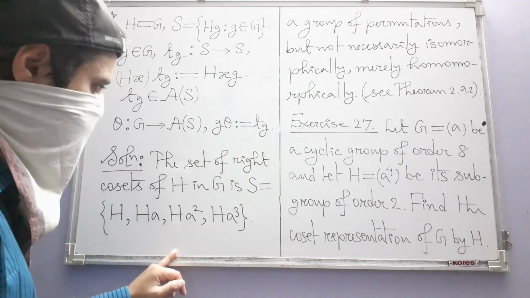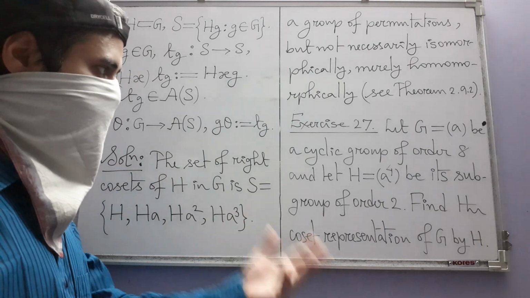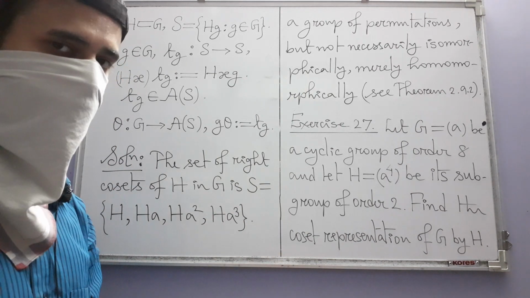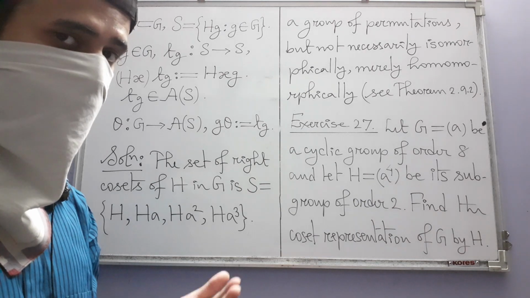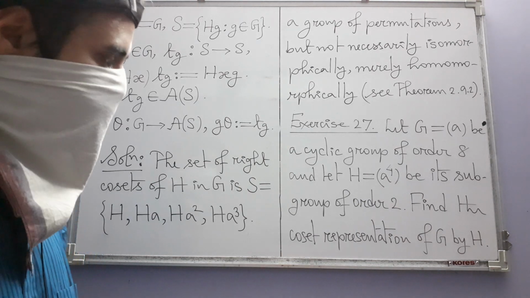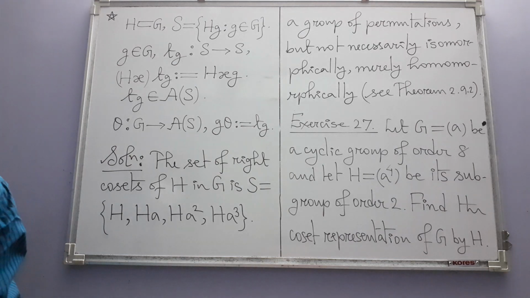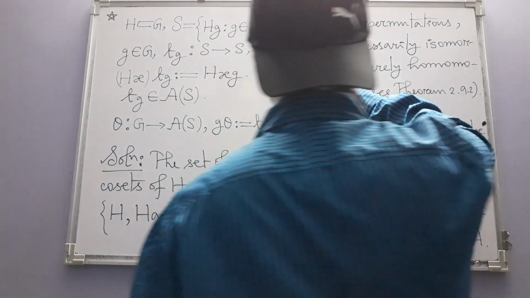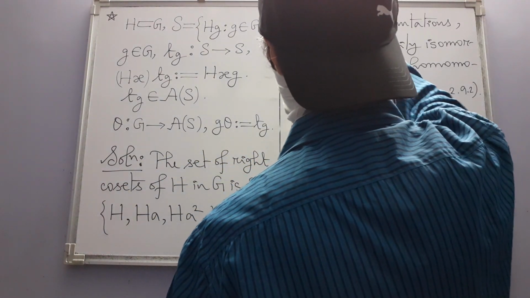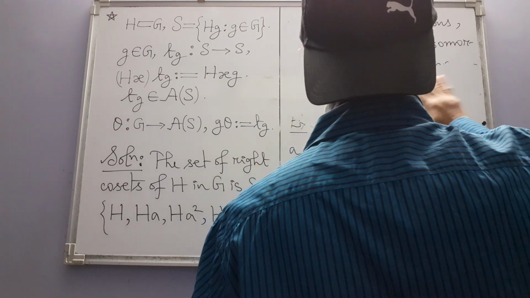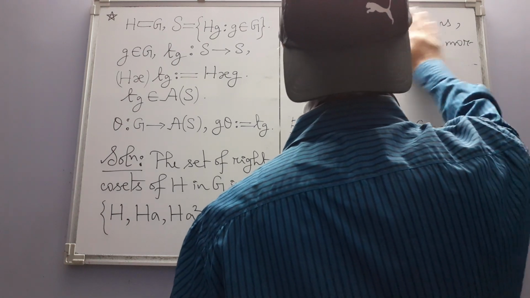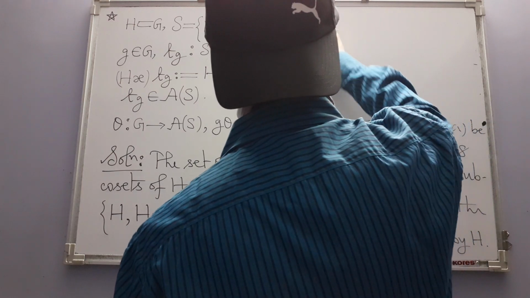So in this case, whatever Tg we are going to find, that actually is going to be a permutation in the group S4, the symmetric group of degree 4. So that's why we write next. So we just have to find those permutations.